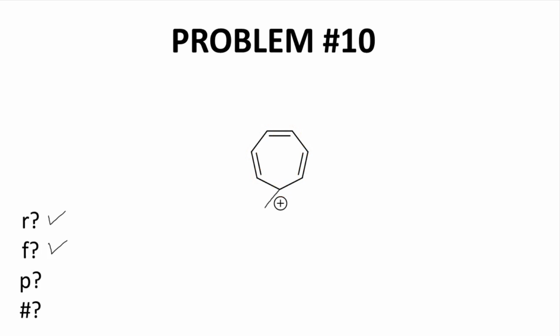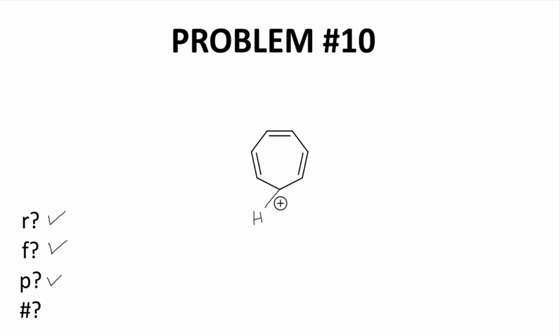So this carbon is going to have a hydrogen, and it's going to have potentially a vacant p orbital here. And I say it's vacant because it doesn't have a lone pair there. If it had a lone pair, it would be an anion. This is a carbocation. It has a vacant p orbital. But the key thing is it does have a p orbital. So all the atoms in the ring are sp2 hybridized.